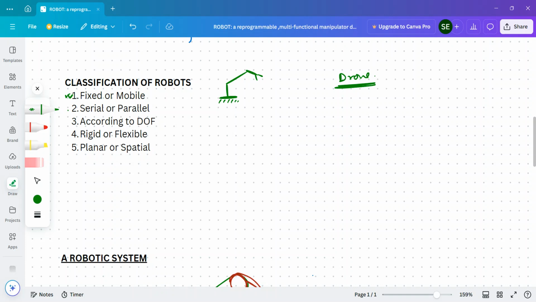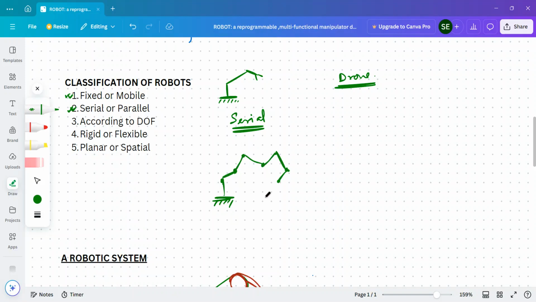Now, serial robot and parallel robot. What is a serial robot and a parallel robot? A serial robot has a series of links: this is the first link, this is the second link, the third, the fourth, the fifth, the sixth, and the seventh.